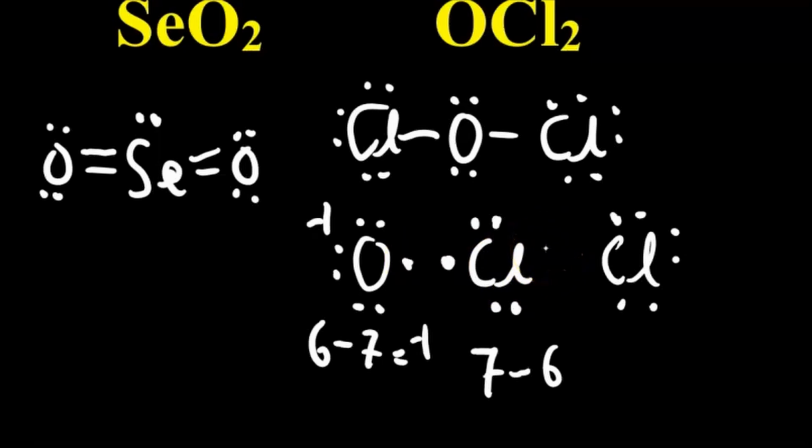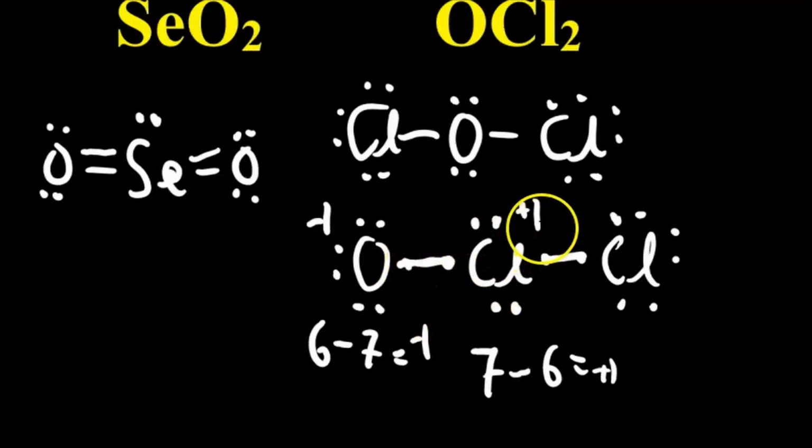So you could rewrite these lines as 2 electrons, and then 1 electron is owned by the chlorine and 1 is owned by the oxygen on both sides. So this chlorine owns 1, 2, 3, 4, 5, 6, plus 1 here. So we do have an octet, so this may seem to be a valid Lewis structure. I'm going to make these lines just because I feel more comfortable doing that.